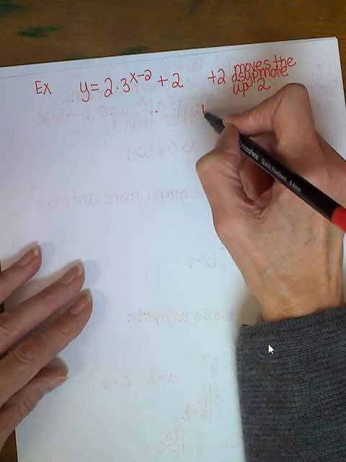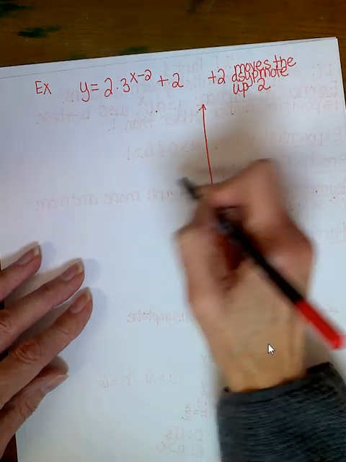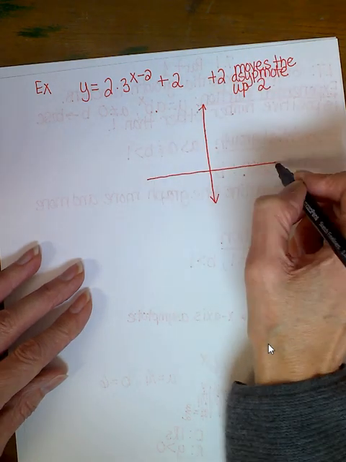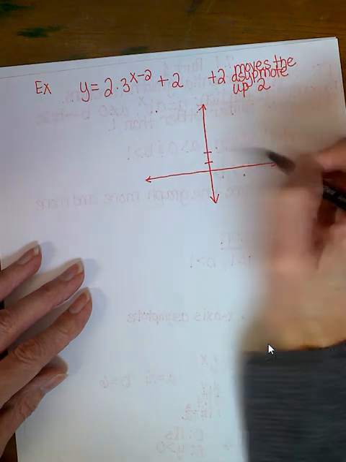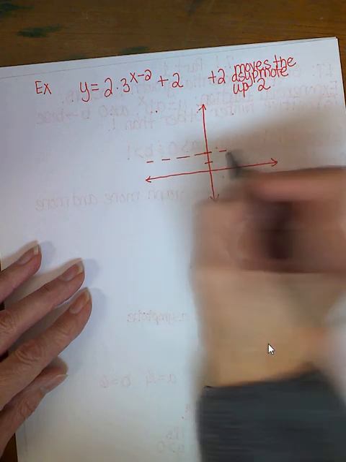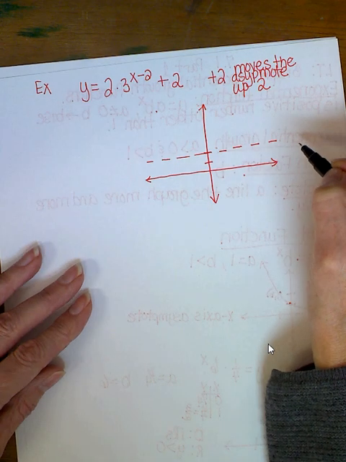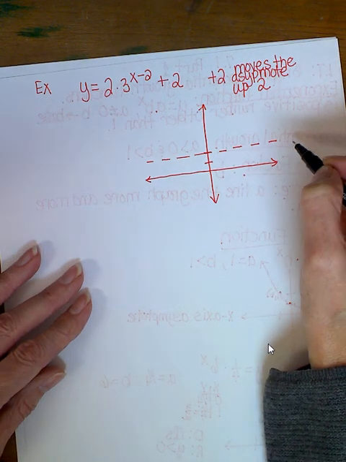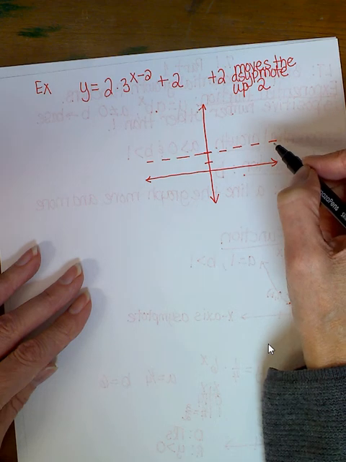So I want you to draw in that asymptote right away because it helps you define your graph. And so the asymptote isn't going to be the x-axis, now it's going to be up here, up 2 places. And we use a dotted line to represent the asymptote. And so now I know my graph isn't going to cross this asymptote.